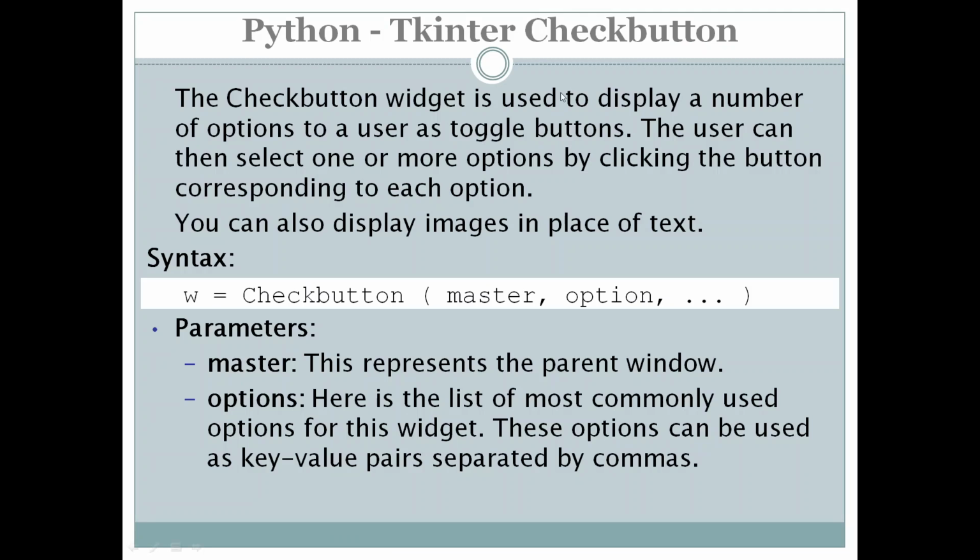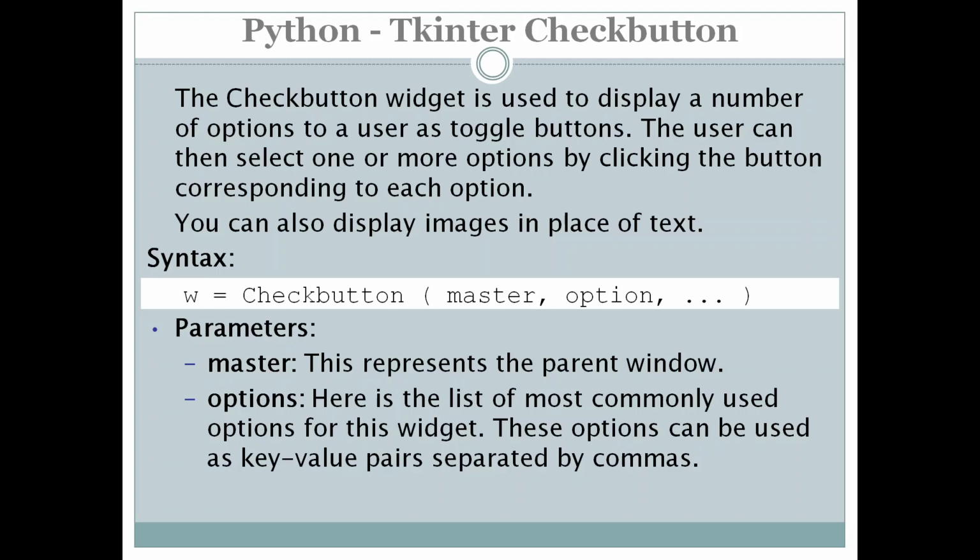Okay, next is the tkinter check button. Now the tkinter check button is like a checkbox which we have studied in Java. Means in a checkbox we can display multiple different items, where the user can select multiple options from the list.